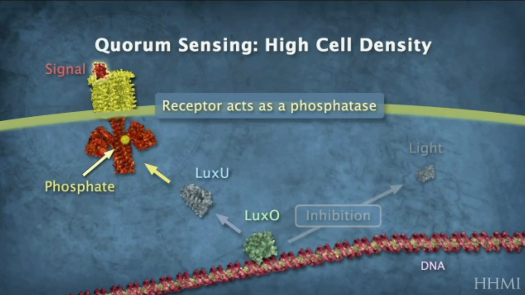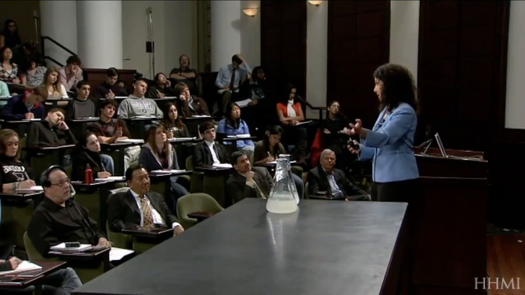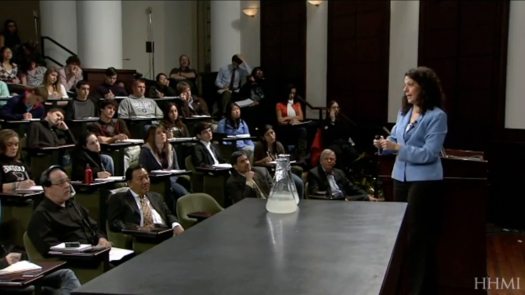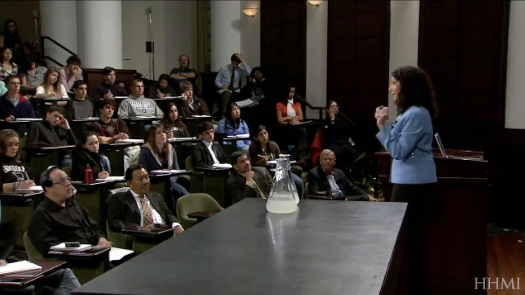So now LuxO, the protein sitting on the DNA, is not phosphorylated, so it can't inhibit quorum sensing. So all the quorum sensing genes turn on, including the luciferase genes, which make light. Okay, so whether or not the cells are going to do quorum sensing is whether or not those molecules are there, and it just matters which way phosphate is flowing in that circuit.